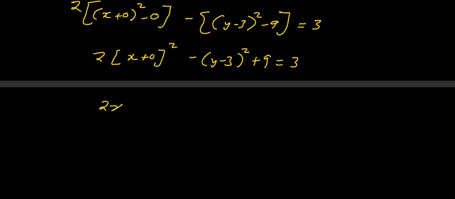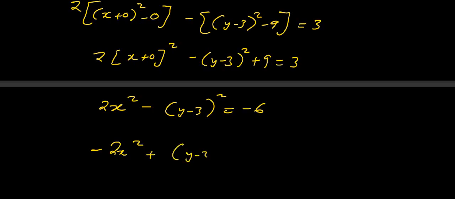This will be 2x squared minus y minus 3 squared, equal to negative 6. Now, we cannot deal with this negative here. So I'd rather multiply everything by negative 1 so that I get rid of this negative. So I'm going to get negative 2x squared plus y minus 3 squared is equal to 6.